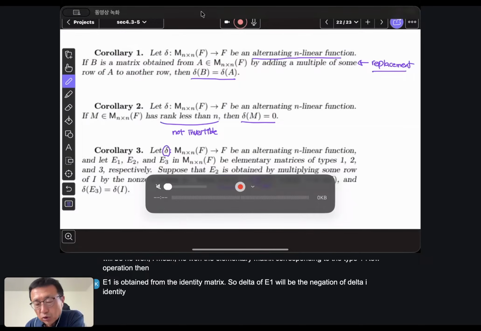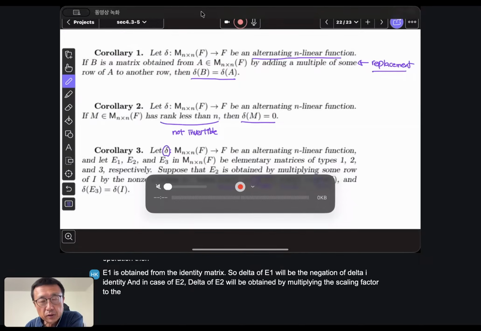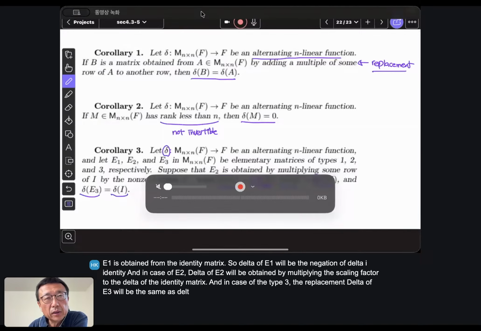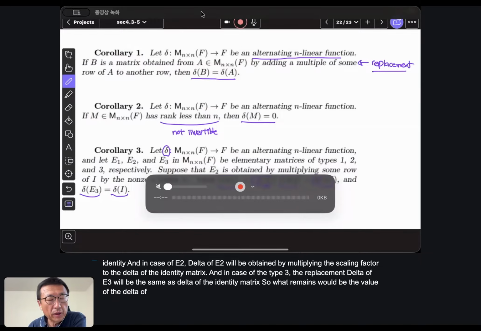And in case of E2, delta of E2 will be obtained by multiplying the scaling factor to the delta of the identity matrix. And in case of type 3, the replacement, delta of E3 will be the same as delta of the identity matrix. Okay? So what remains would be the value of the delta of the identity matrix, right? So if I know the delta of the identity matrix, then I can find delta of any matrix.